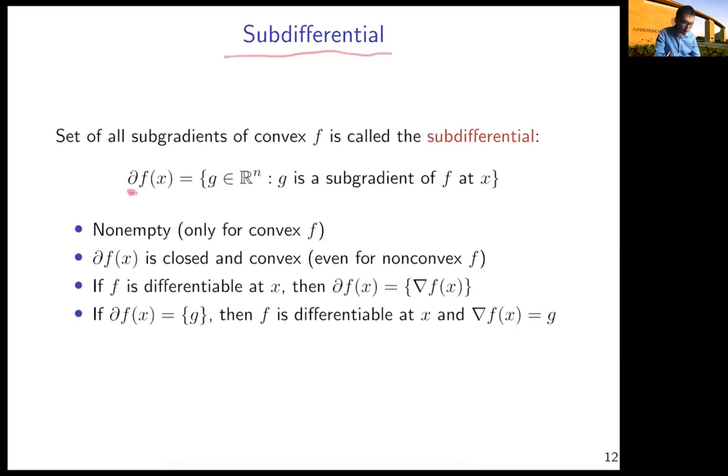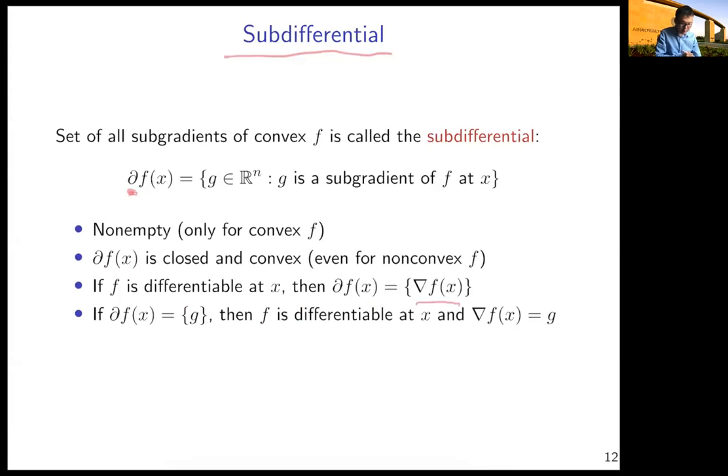Like you can also define the empty set to be closed and convex, which is trivially true. So that's why you don't have to specify whether the subdifferential exists or not. And if in addition f is differentiable at x, then we know that the subdifferential as a set is actually a singleton. And this is a set that contains only one point that's given by the gradient of f at x.